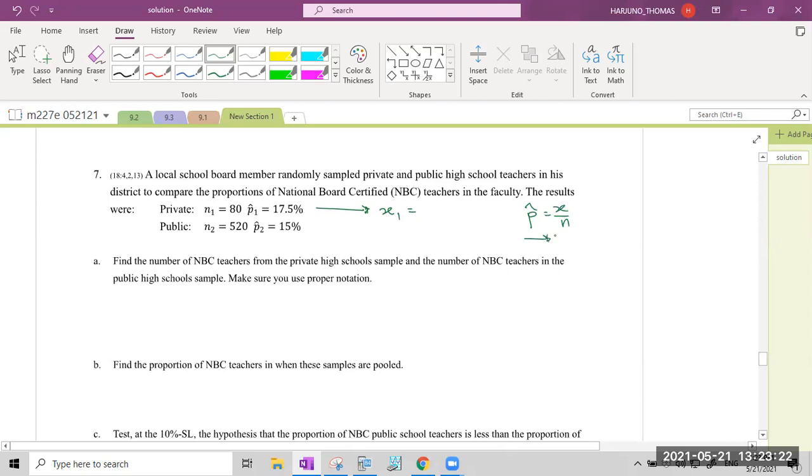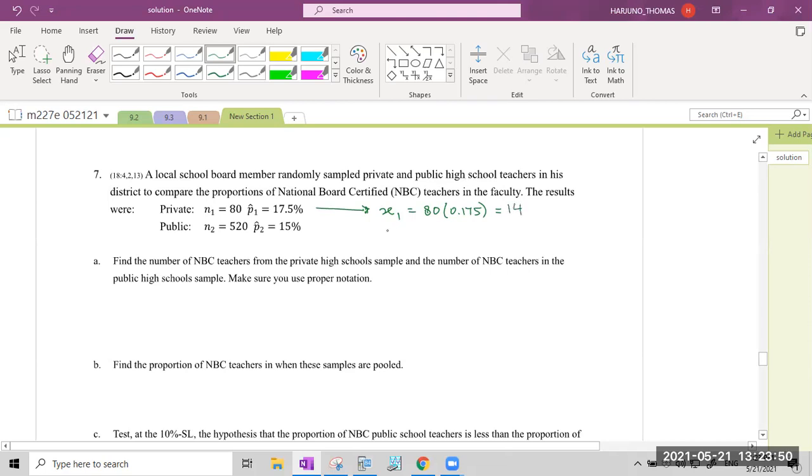So X will be N times P hat. In this case, that will be 80 times 0.175. You see what I mean? This question is not from me though, so it's not that I try to give you a curveball. I just copy pasted one of the questions from a university. So if they ask it there, then you're supposed to know.